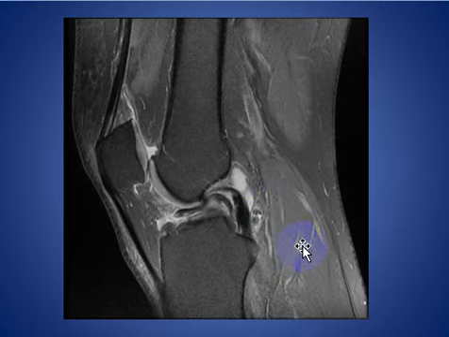So this is the double posterior cruciate ligament sign consistent with bucket handle tear of the meniscus.